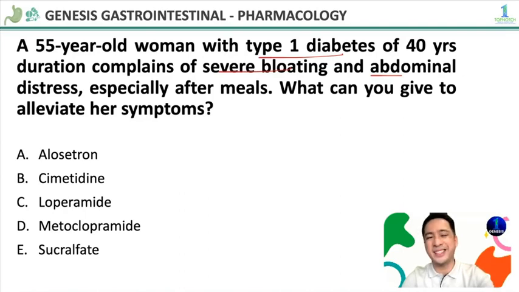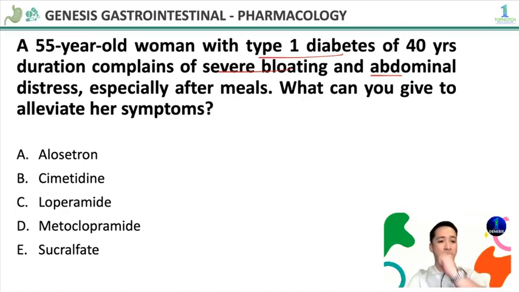Perhaps this patient has an uncontrolled DM, and maybe the patient, being a chronic DM patient, suffers from diabetic gastropathy. So with diabetic gastropathy, there is a decrease in motility of the gastrointestinal tract. So the best drug to alleviate the signs and symptoms of this patient is to give a prokinetic agent.